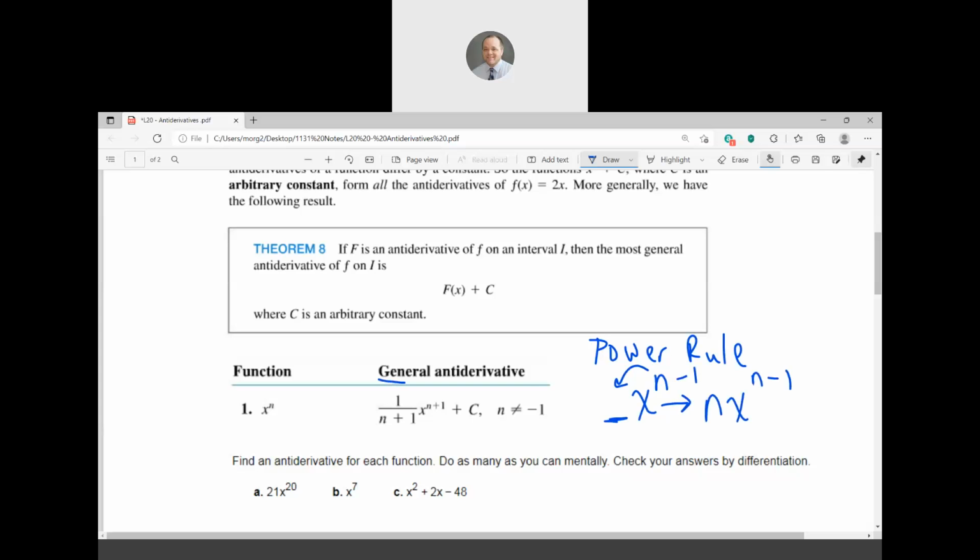To find a general antiderivative, you're going to reverse the power rule. So over here with our general function, instead of subtracting 1 like we did here from the original exponent, we'll do the opposite.